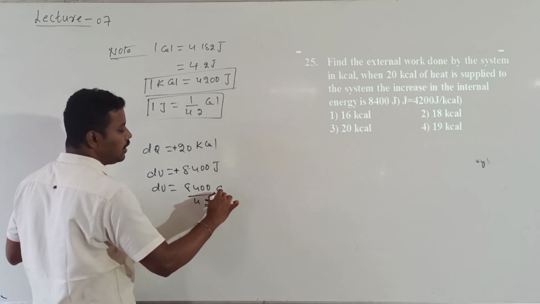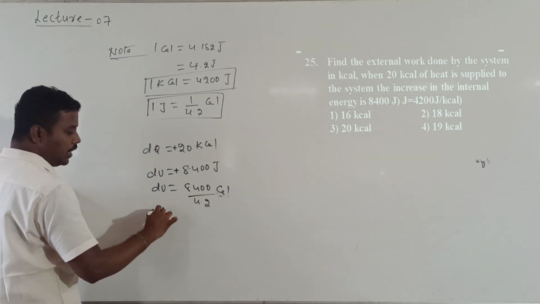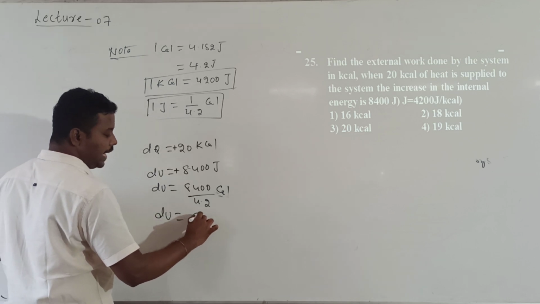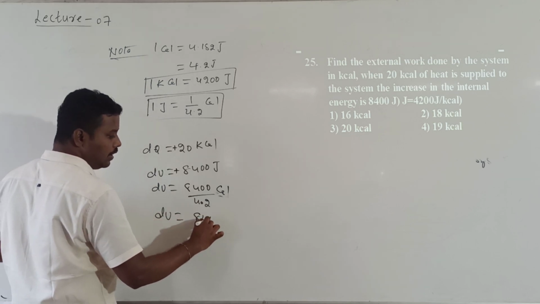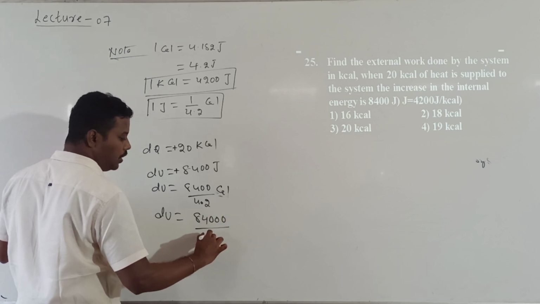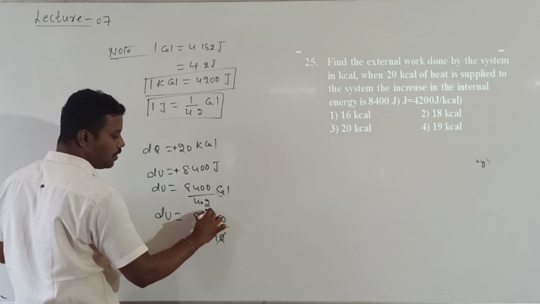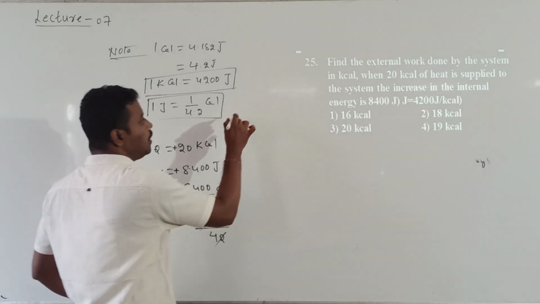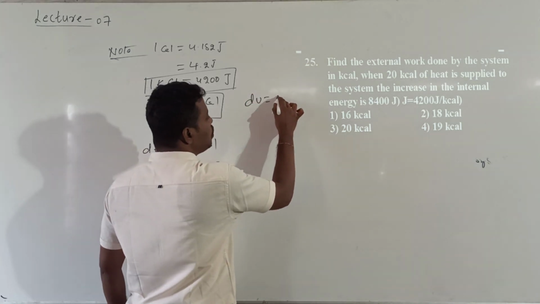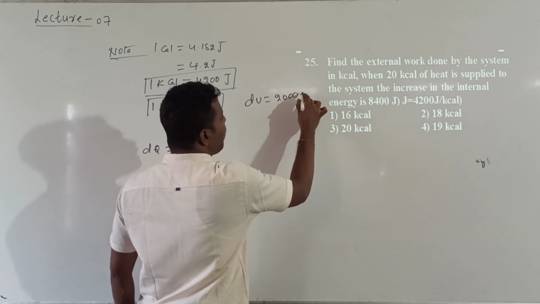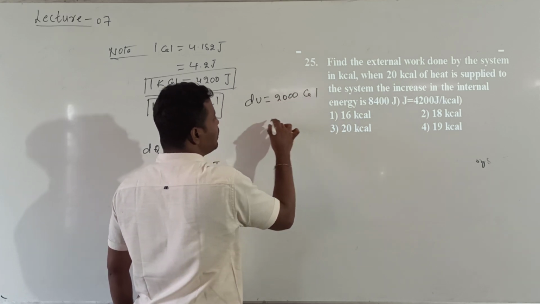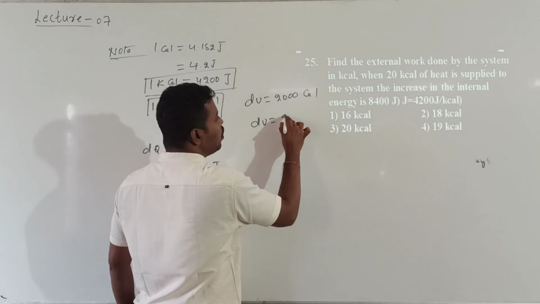So dU is 2000 calories, which is 2 kilocalories.